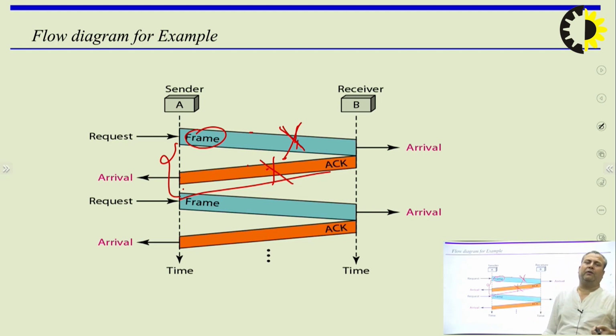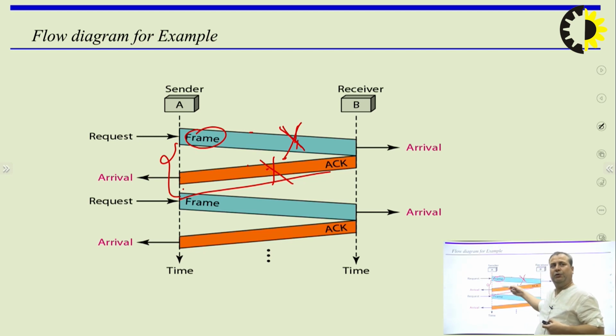What is channel utilization? Channel utilization is the active time of the sender divided by the total time. The active time is the transmission time. The total time is the transmission time TT plus twice TP, the propagation delay, because the frame takes TP from A to B, and receiving the ACK takes the same time.